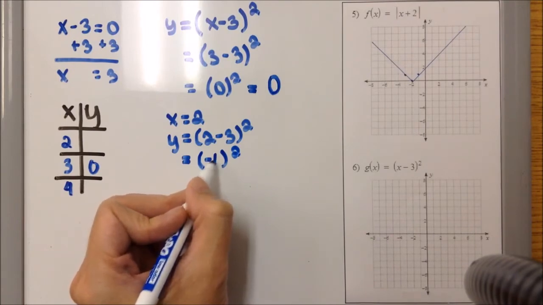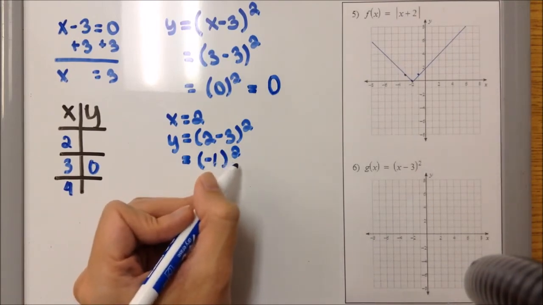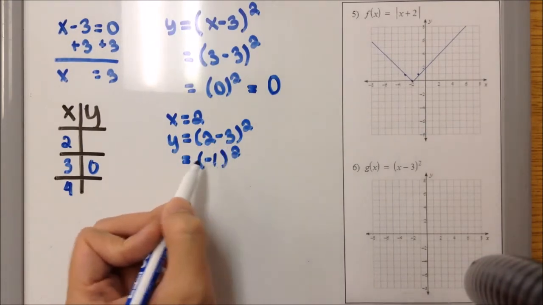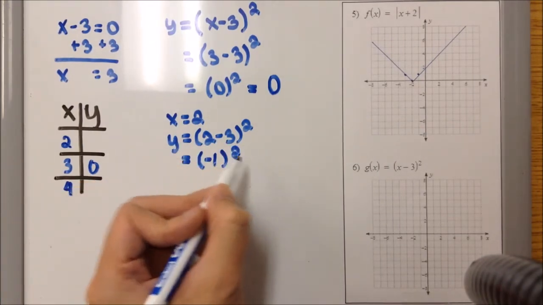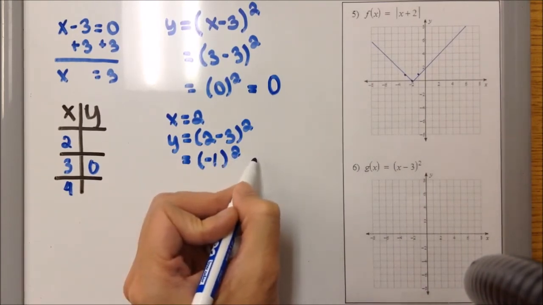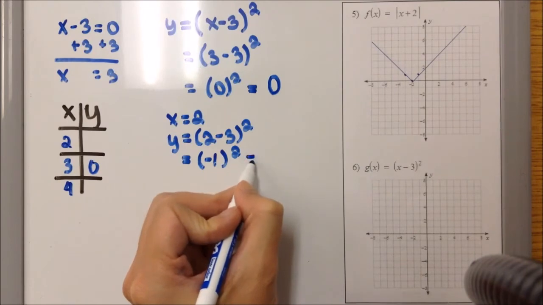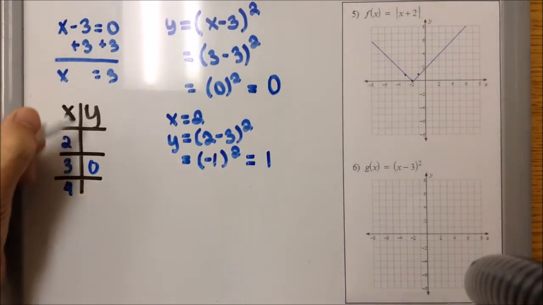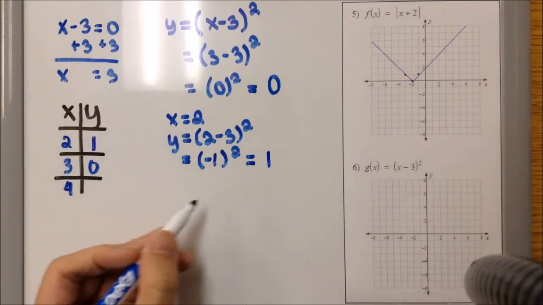Especially when we have a negative 1, it's a good thing to have parentheses, especially when we're going to be working with calculators. So we've got to be careful how we put our parentheses. When it's negative 1 squared, it means negative 1 times negative 1, which is a positive 1. So I'm going to put 1 right here.